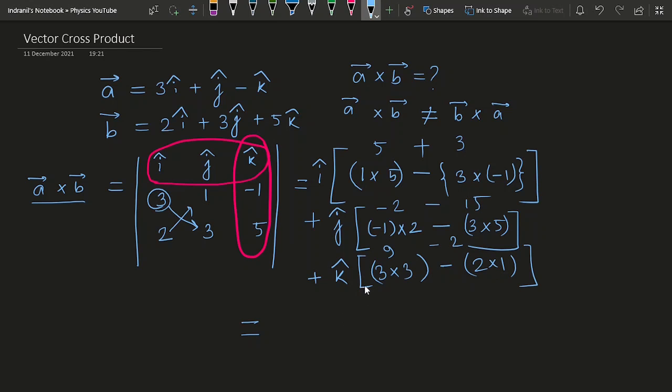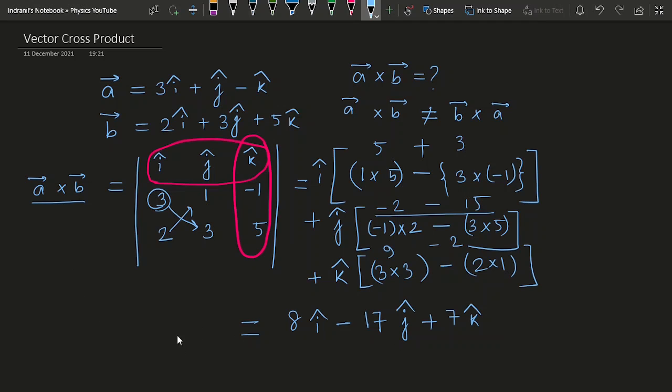So at first it will be 8i cap, then not plus, it is actually minus, because this gives us a minus sign, so minus 17j cap, and 9 minus 2 is 7 positive, so plus 7k cap.